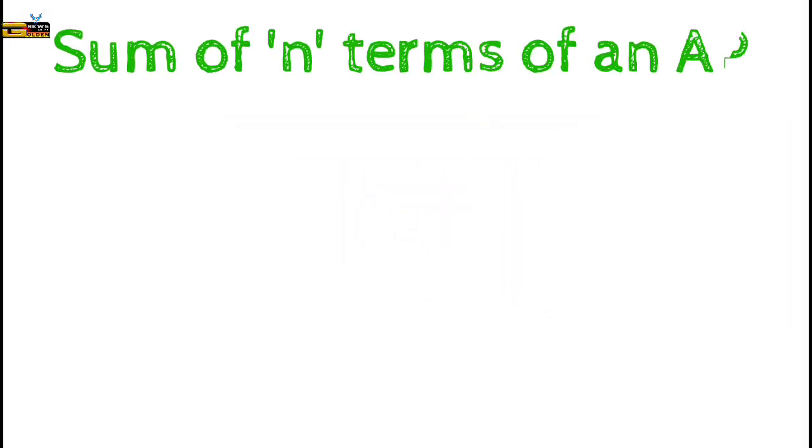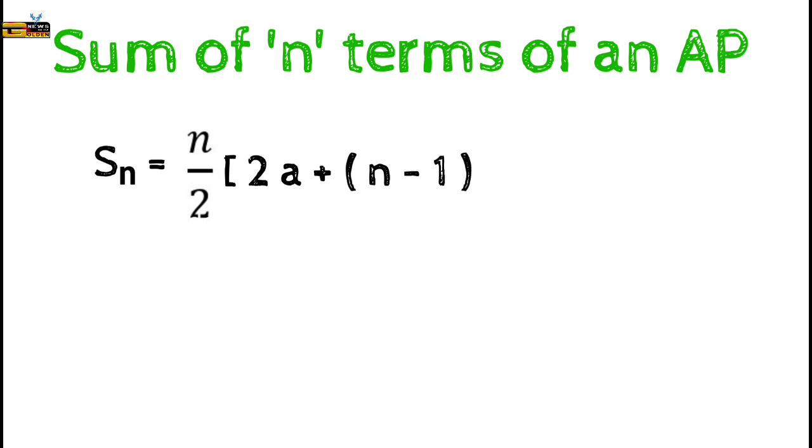The sum of n terms of an AP is calculated by using the formula Sn equals n by 2 into (2a plus (n minus 1) into D) when A, n and D values are given.